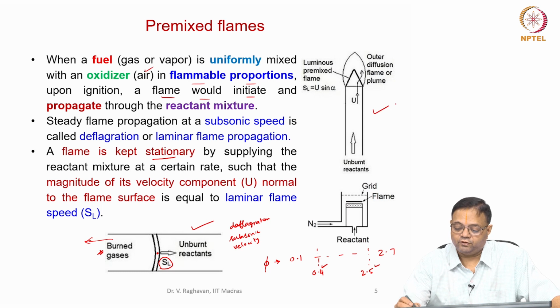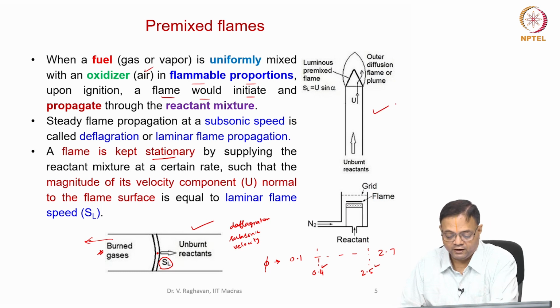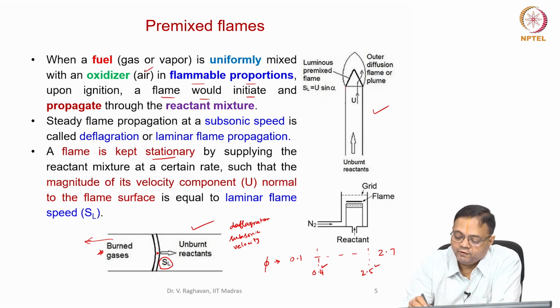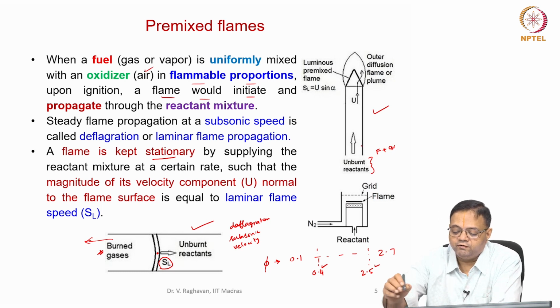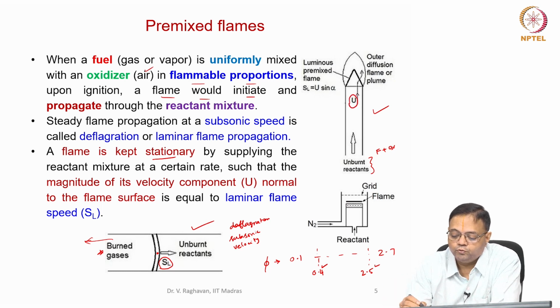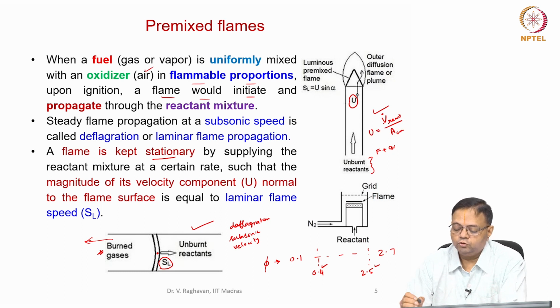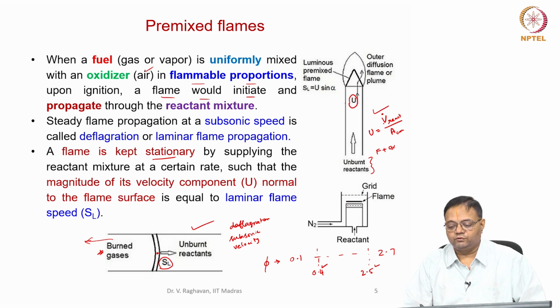So, go to this case of the Bunsen burner, where now what I do is, I have a cylindrical burner of some length and I premix the reactants, the unburnt reactant, fuel plus oxidizer in flammable proportions and send that with an average velocity of U. It is nothing but the volumetric flow rate of the reactant divided by the area of cross section of the burner, that will be U, superficial or average velocity.